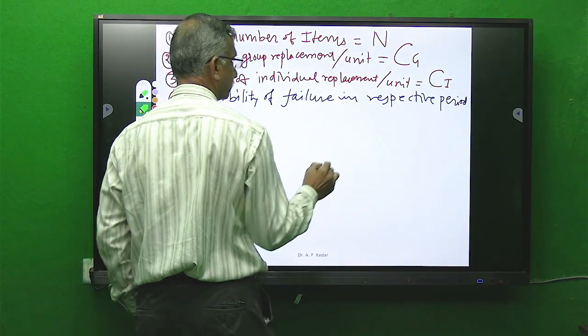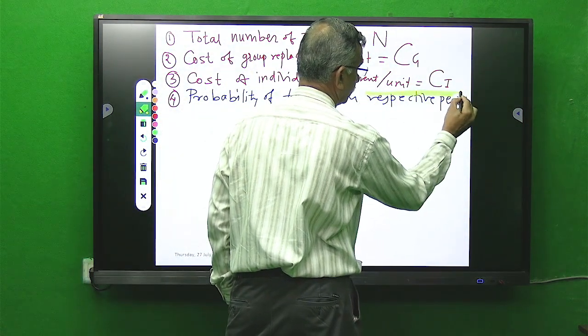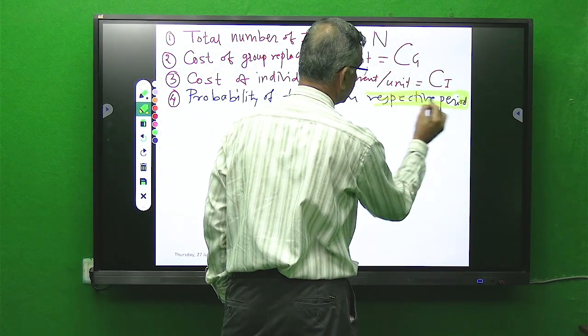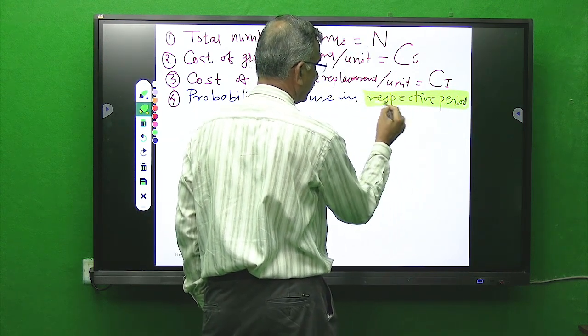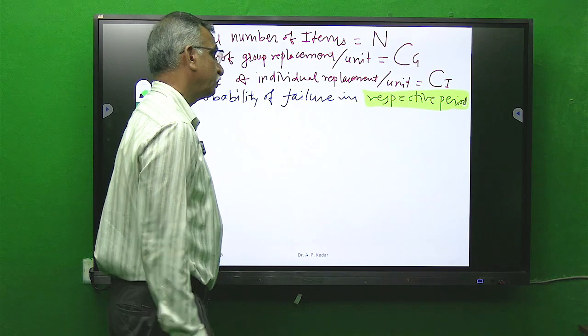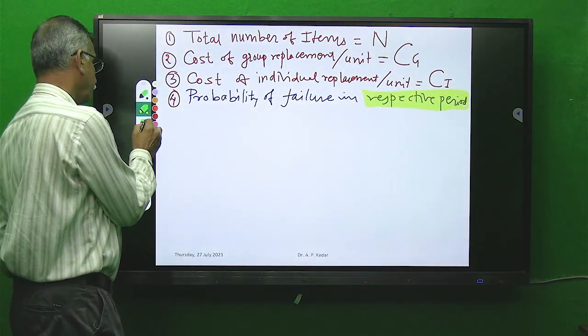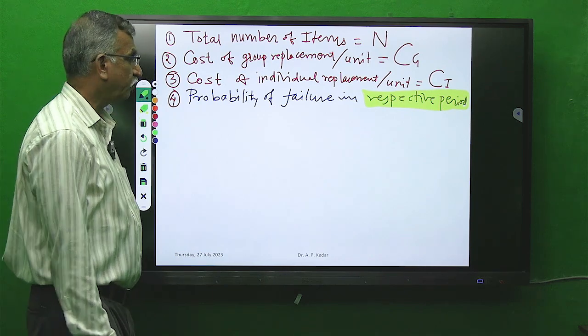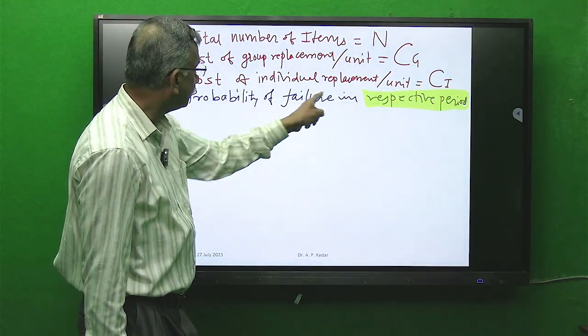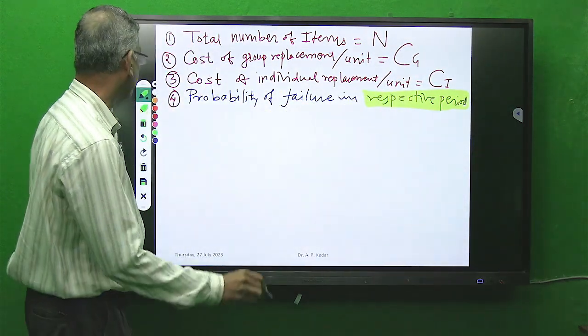I will highlight this probability of failure in the respective period. So I don't want cumulative probability ending with 1. I don't want survival proportion starting with 100%. What I want is the probability of failure in the respective period.